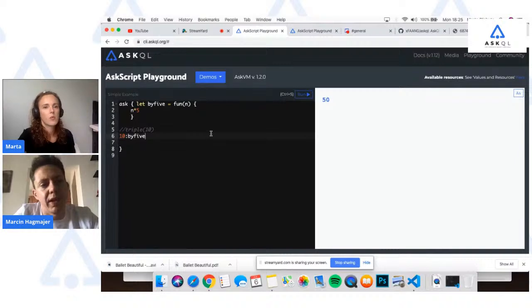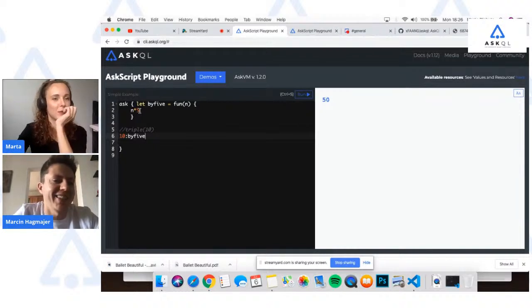Okay. How about in line 2, instead of n times 5, we would say by 5 colon n, with parentheses n, right? Let's try that.